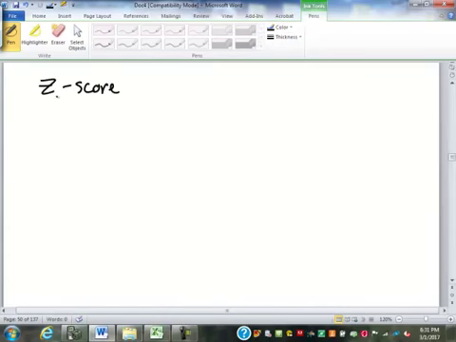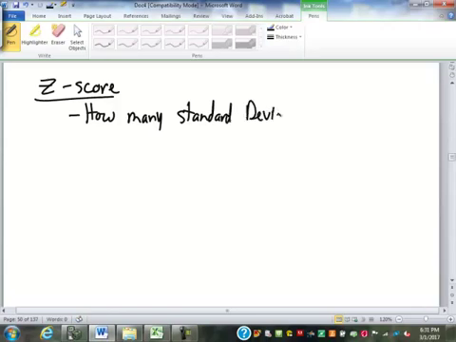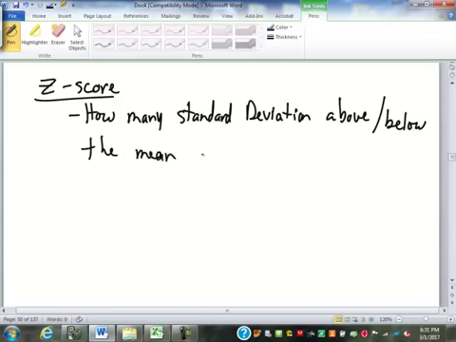And what a z-score does is tells you how many standard deviations above or below the mean a number is.